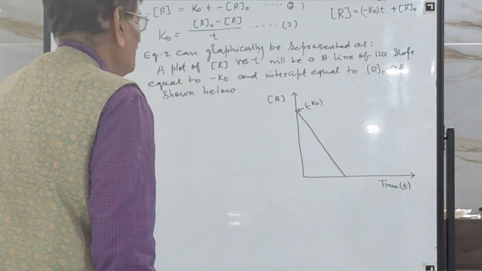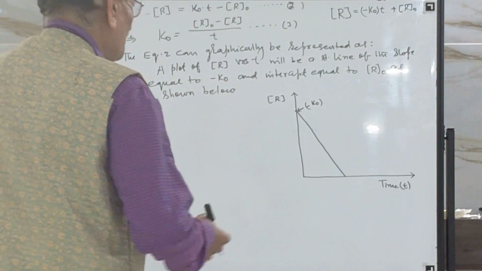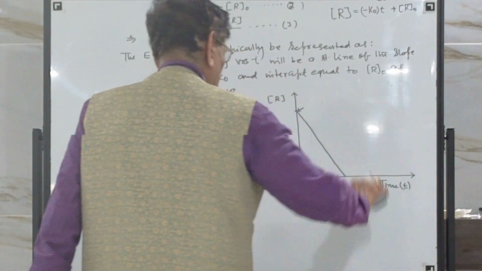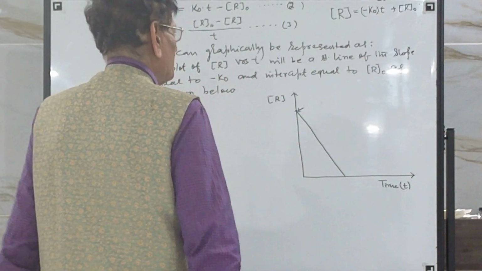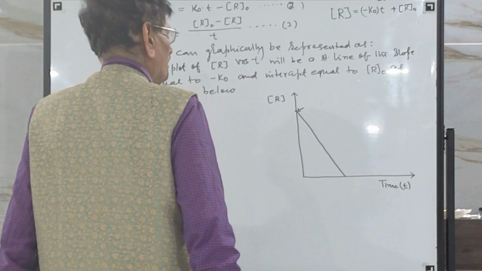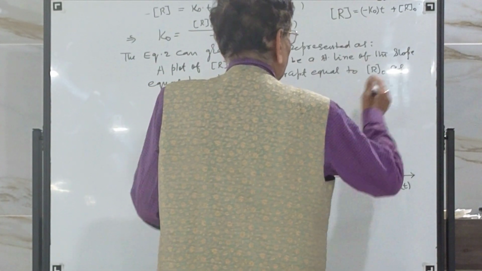This is a straight line of negative slope.